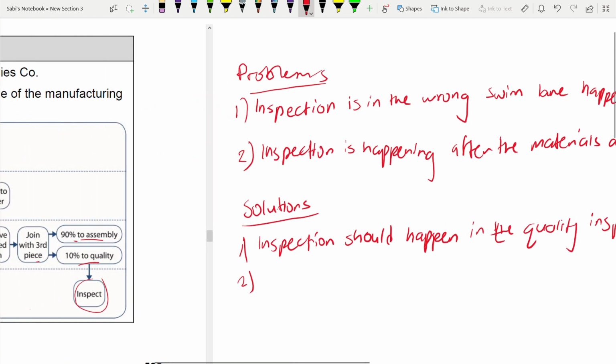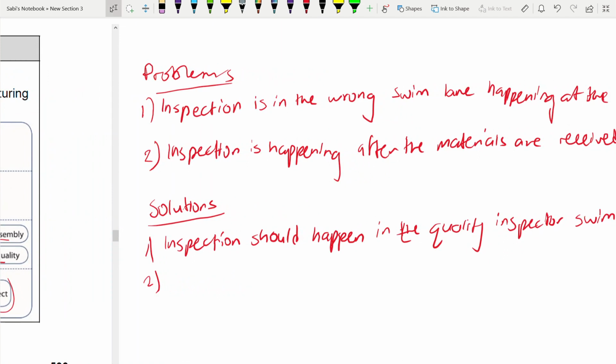And what is the solution for the second problem? Inspection of the material should be done before you are issuing it to the welder and the joiner. Understood? Not after they have received it. And who will be doing it? Again, the quality inspector.